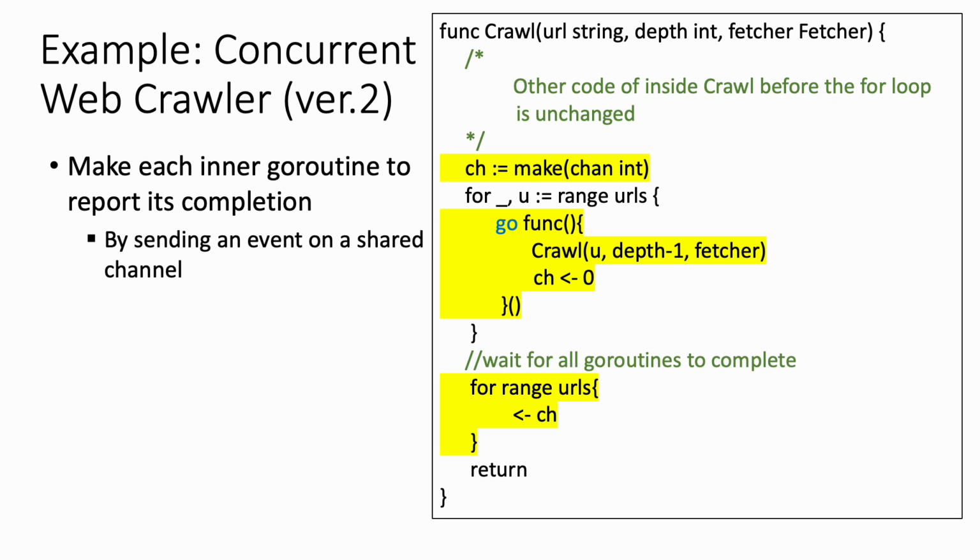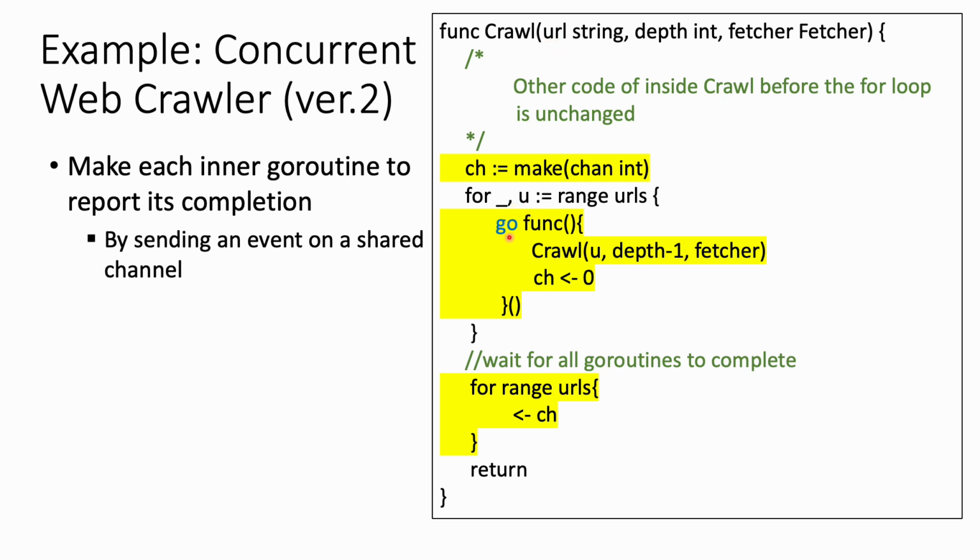So in version 2 of concurrent web crawler, we modify function crawl, making each inner Go routine report its completion. An inner Go routine is the one created in the body of the for loop that ranges over the slice of URLs found in the page at the starting URL.